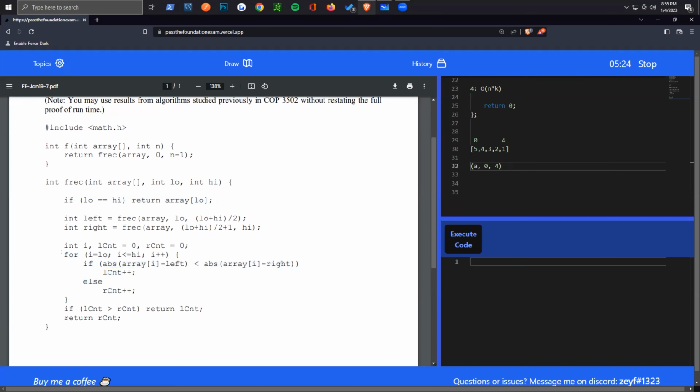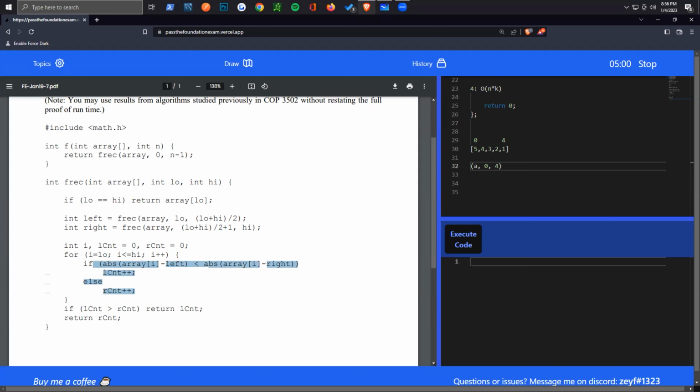Now, the thing is, normally when you code merge sort in CS1, you don't think of doing the merging within the actual merge sort call. You don't typically iterate inside of the merge sort call. You typically call a merge function, which goes from low to high.